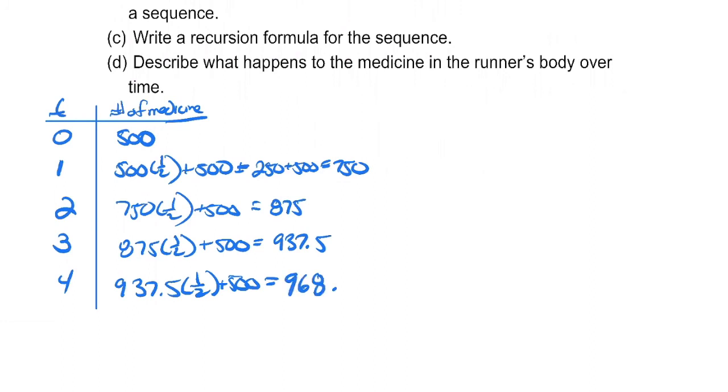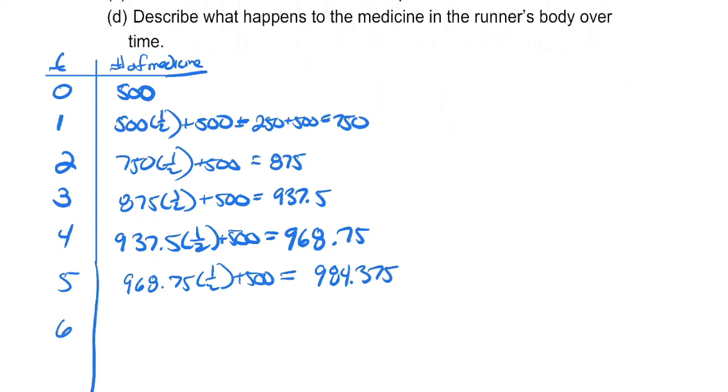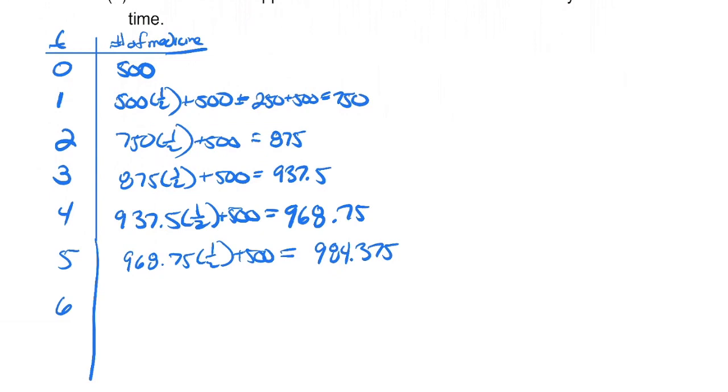So you can see that the amount of medicine remaining in her body is actually growing, going up and up and up. After the fifth time, it's going to be 968.75 times a half plus 500, which is 984.375. The next time is 984.375 times a half plus 500.